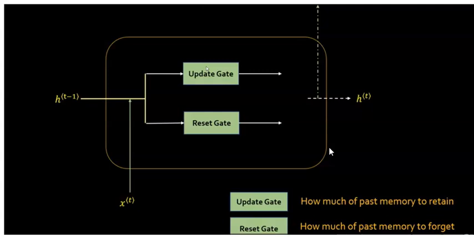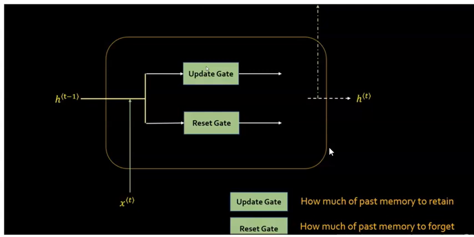So what will the update gate do? It decides how much of the past memory we have to retain. And the reset gate decides how much of the past memory we need to forget. Hearing this, we may think that these two are similar, but no, these two have different aims.